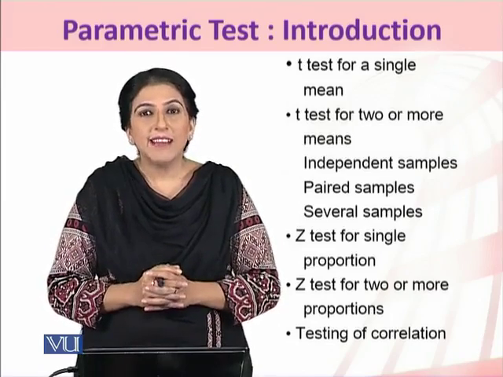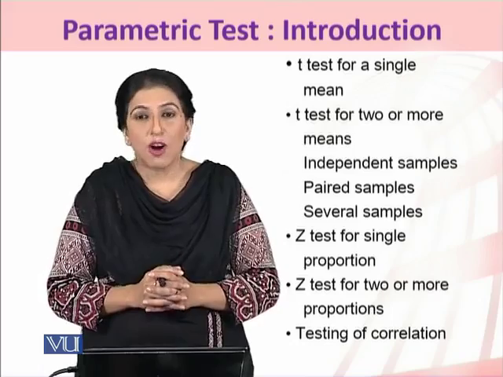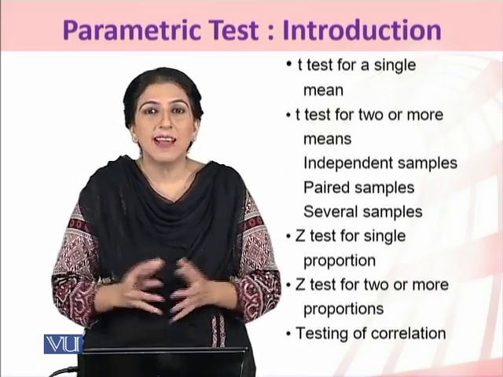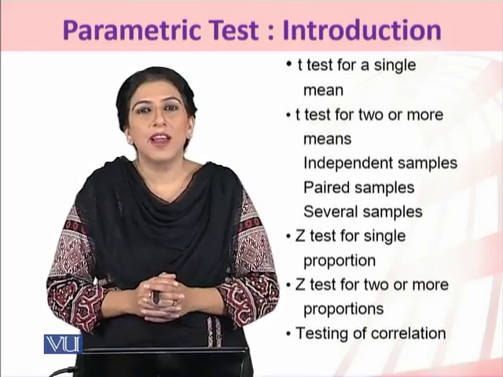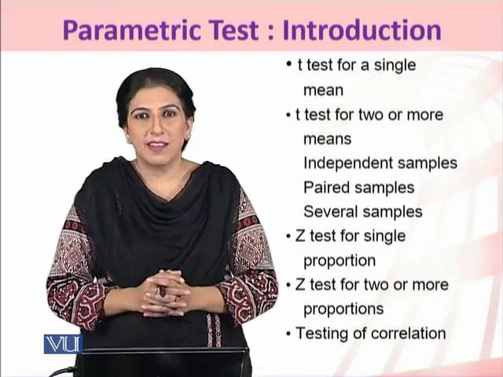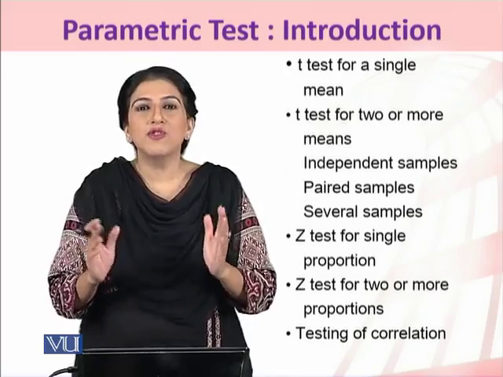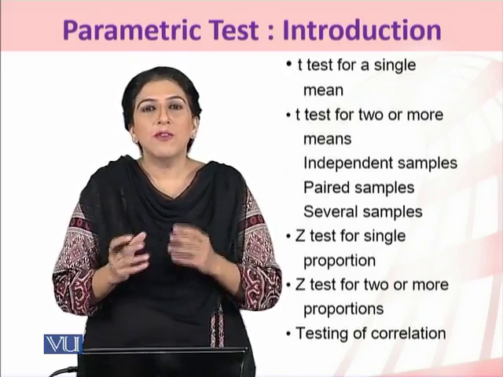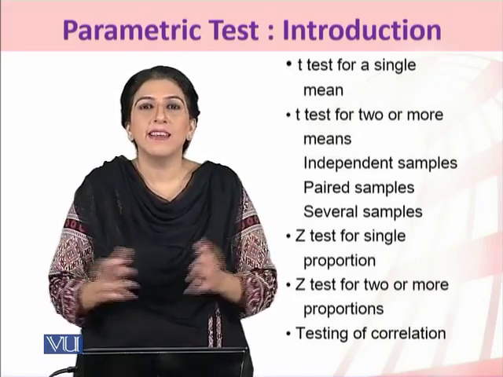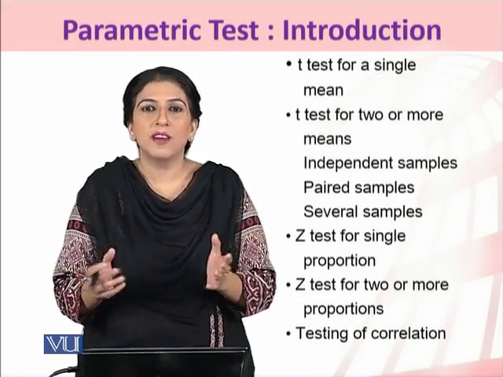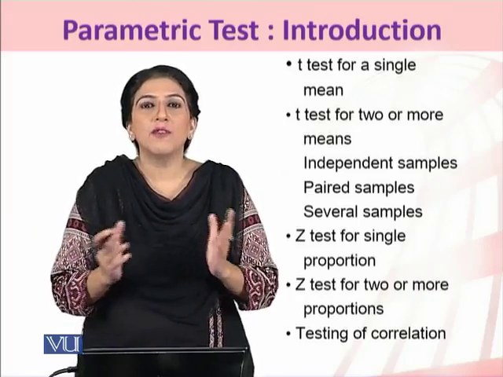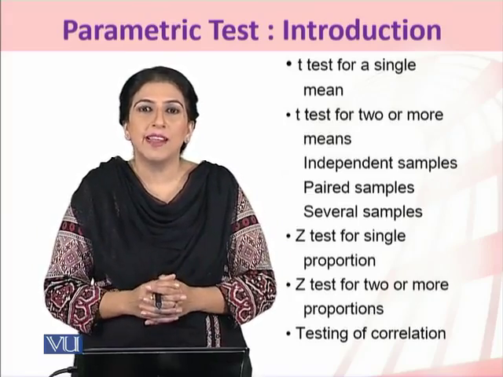So the t-test for two samples is of two types. One is known as the independent sample t-test and the other as the paired sample t-test. The independent sample t-test is usually applied to samples for which the data is taken independently. Let us suppose we are talking about IQ level for males and IQ level for females, so they would be independently observed.